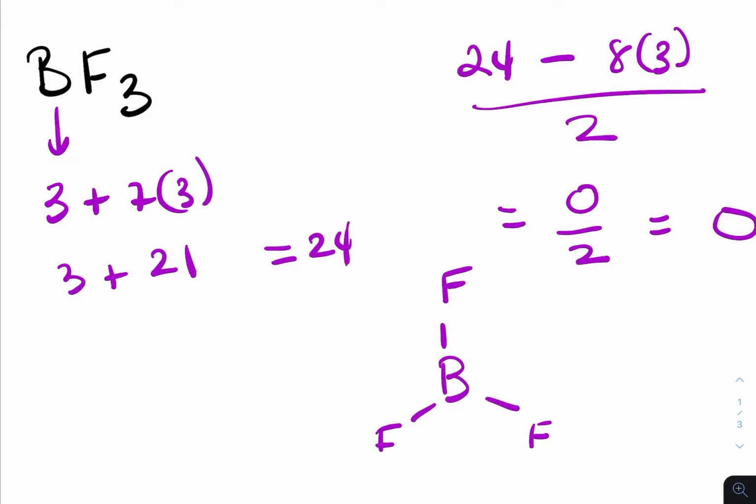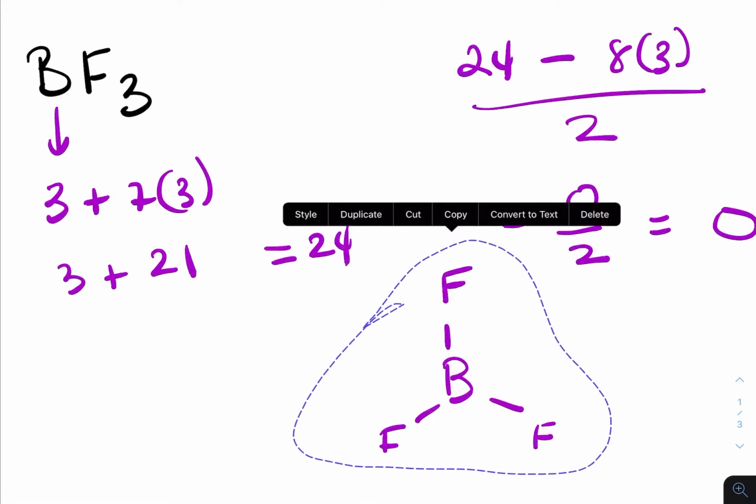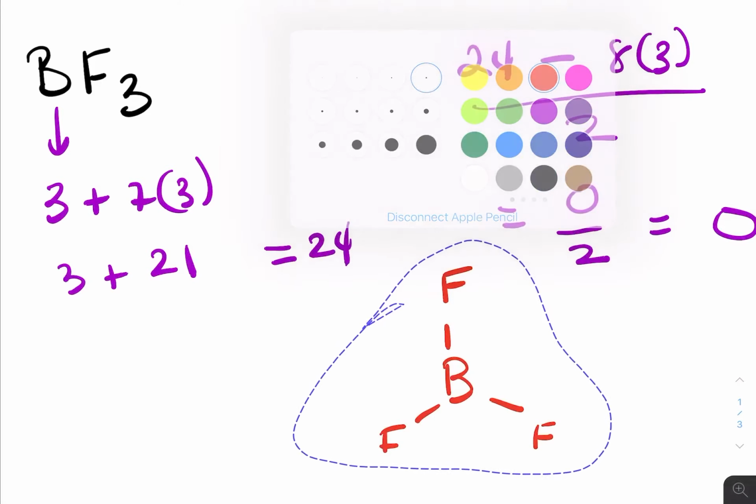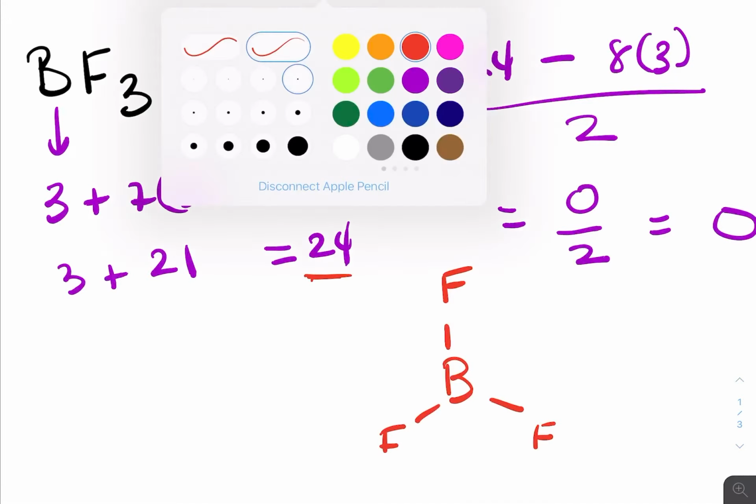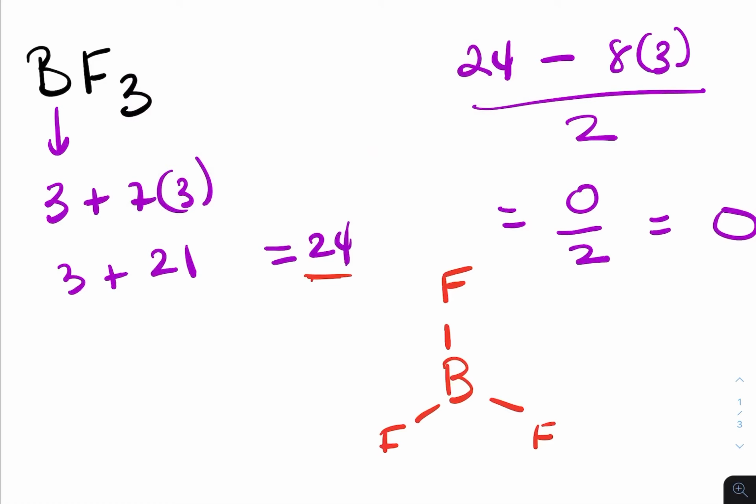Now, let me give that another color. Let's represent the lone pairs on the fluorines. We know that there are 24 in total. Right now we have 6: 2, 4, 6.